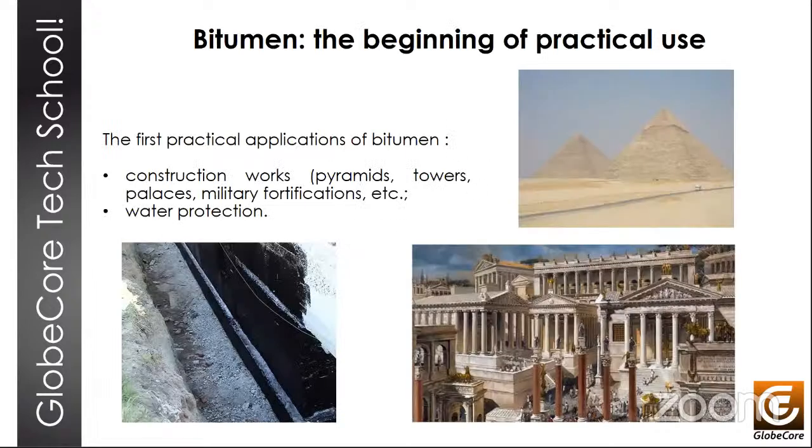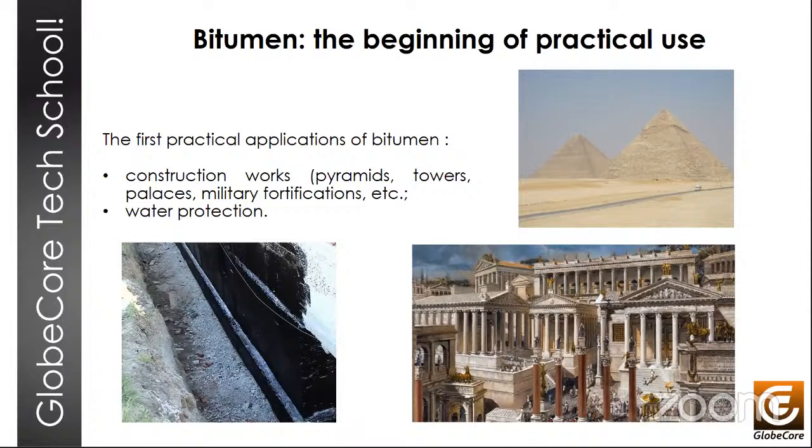Right, so first of all, let's go back and talk history a little bit. The history of using bitumen goes back about 5,000 years. In between the rivers Tigris and Euphrates, the cradle of civilization as we know it, in Persia and in India, bitumen was used even then as a protective and binding material.